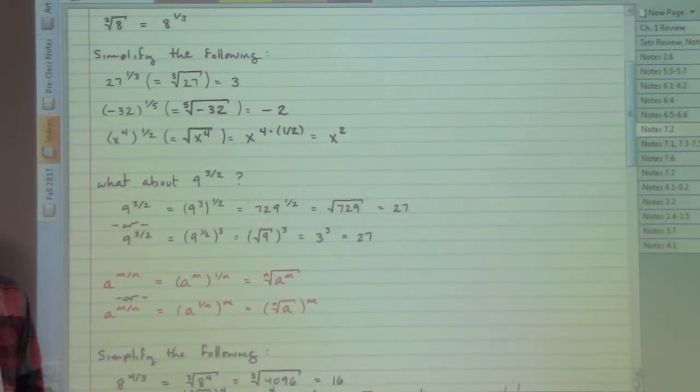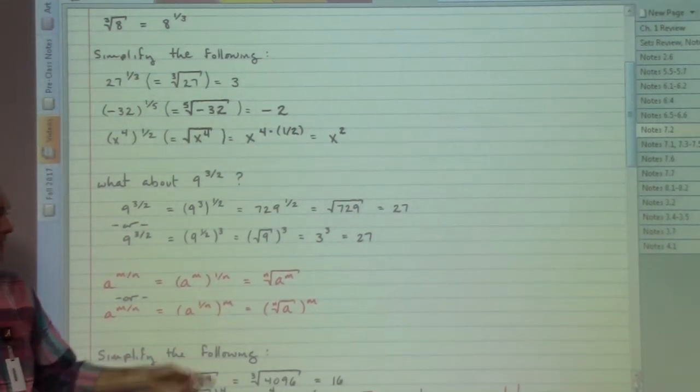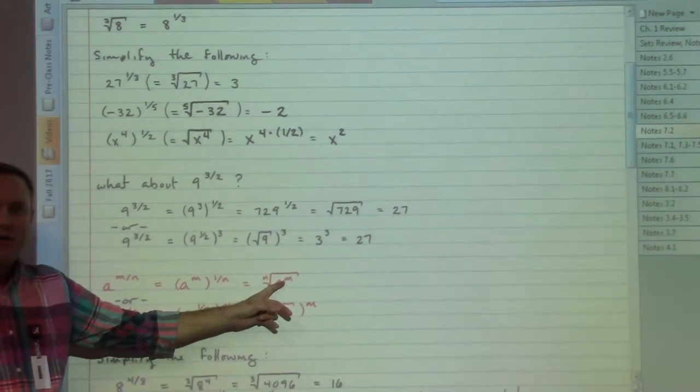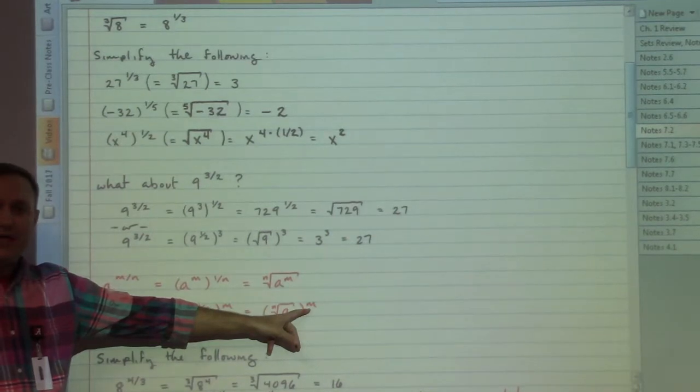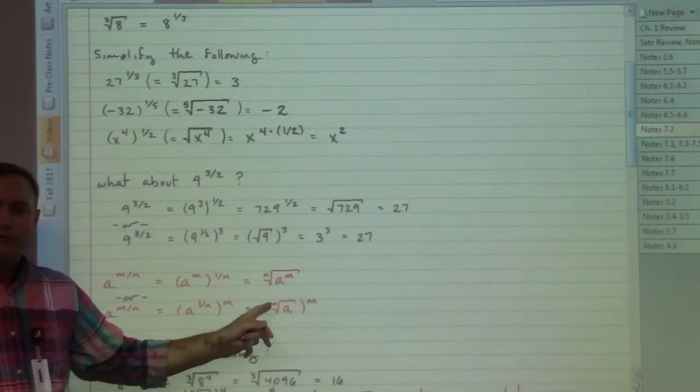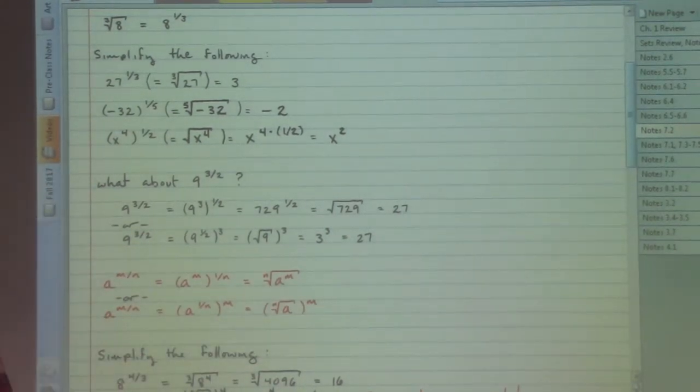How would we best like to work things out? Would we like to keep the power underneath the root, or would we rather keep it outside the root and deal with the root first? So we have those kinds of choices available to us.